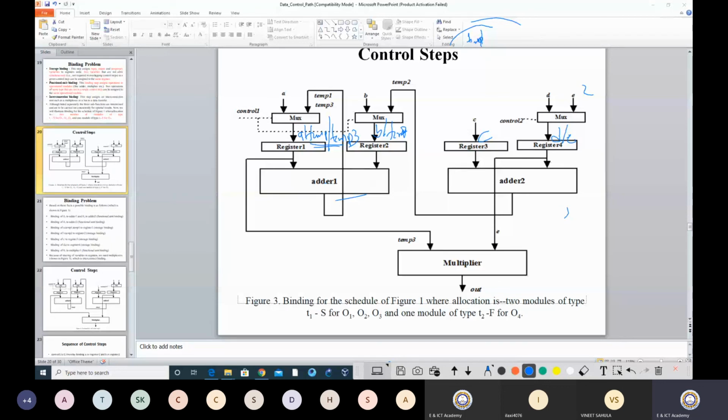Then for scheduling, I need to have some clever selection method, through which I ensure that A and B will be stored simultaneously, and at the same time C and D will be stored simultaneously in their respective registers. Then it will apply to the adder and then it will generate the proper output. And once the additions of adder 1 and adder 2 are both done, then I will add the outputs of both, and it will generate the temp3.